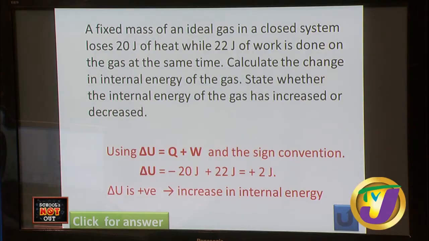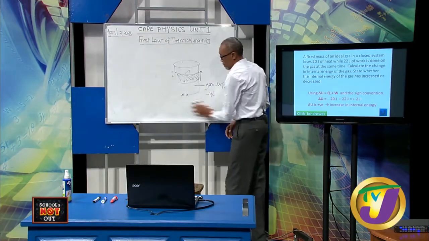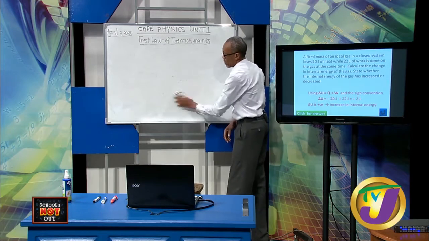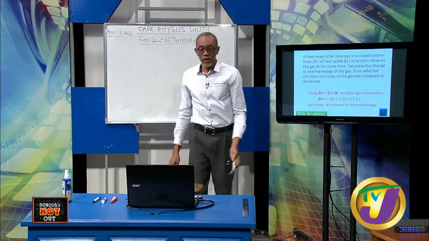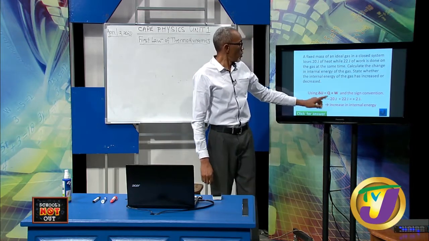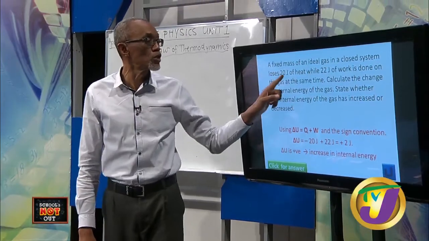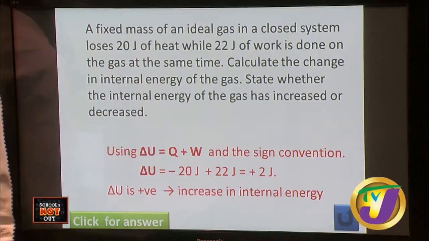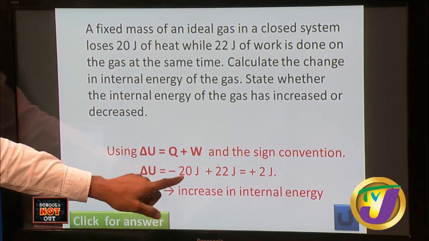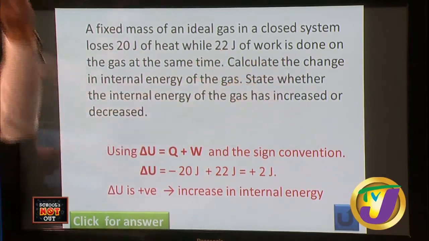Here we see the result here. Q is negative 20 joules because the system loses 20 joules of heat. Heat is leaving the system, so that the Q is negative, and 22 joules of work is done on the gas.